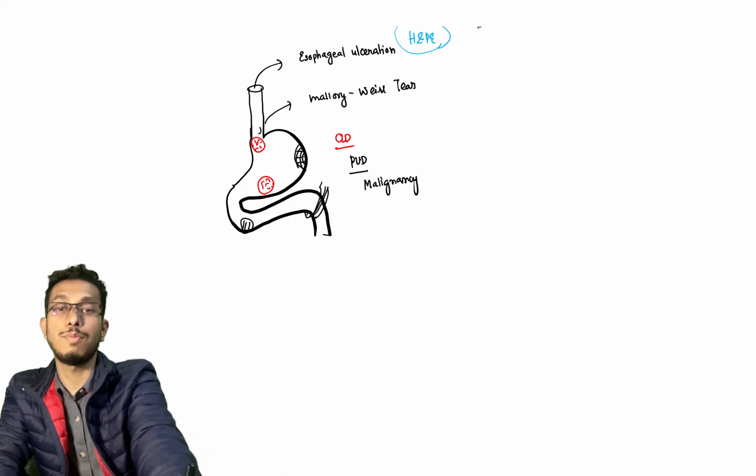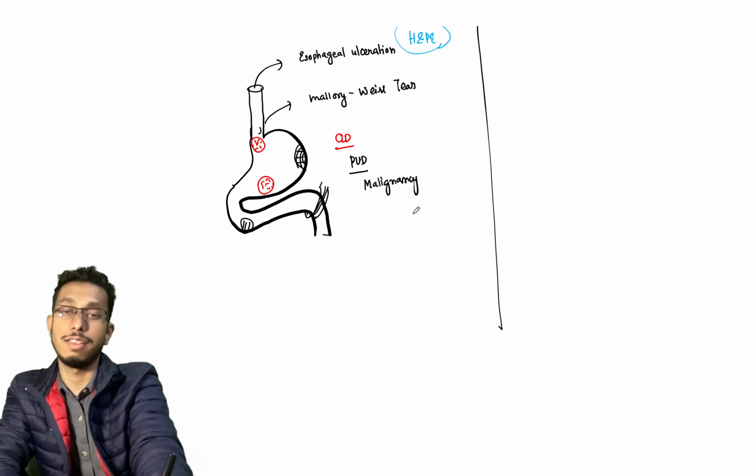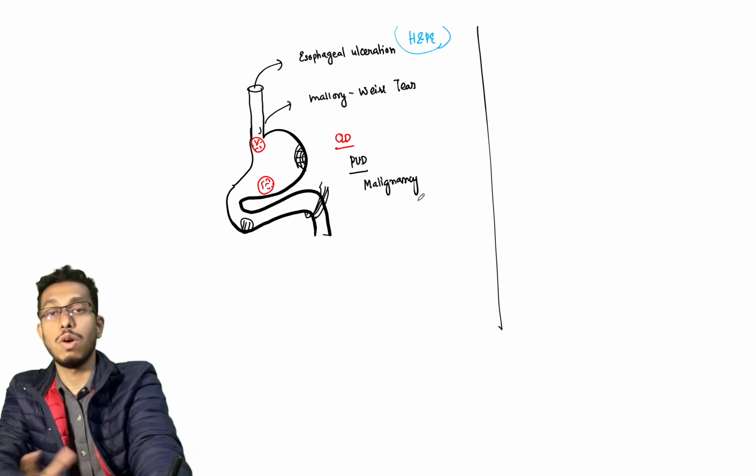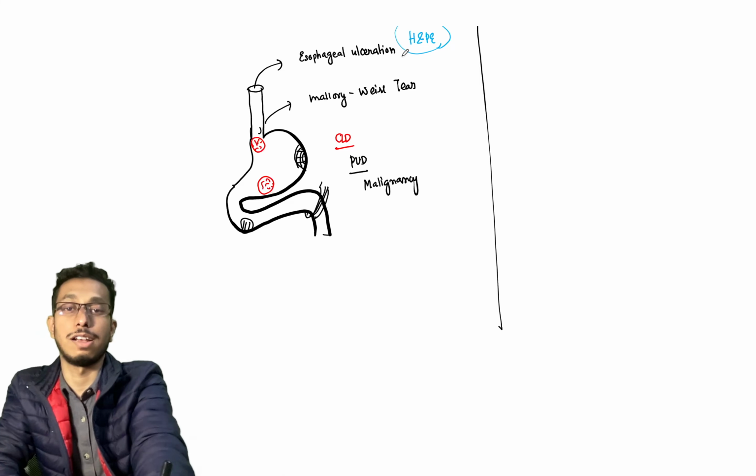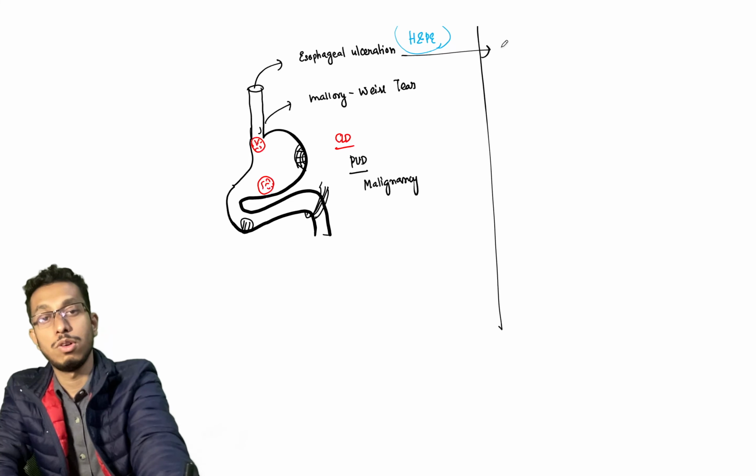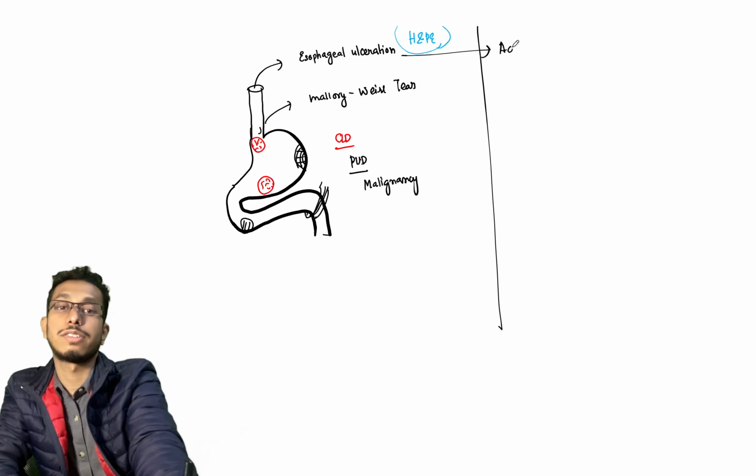So what are the important points in history that will help you identify this etiology? So what are the clinical clinchers for esophageal ulceration? A person with esophageal ulceration will complain of acid reflux requiring multiple PPIs.